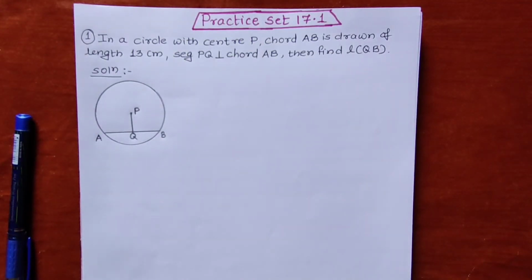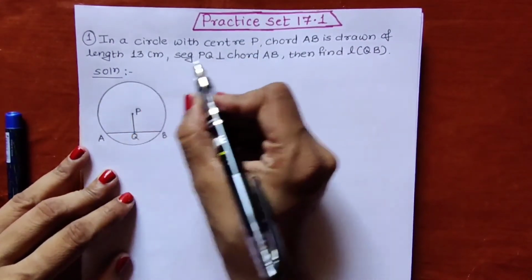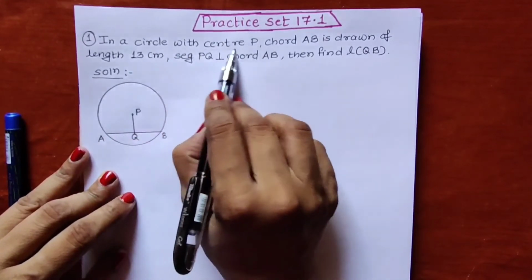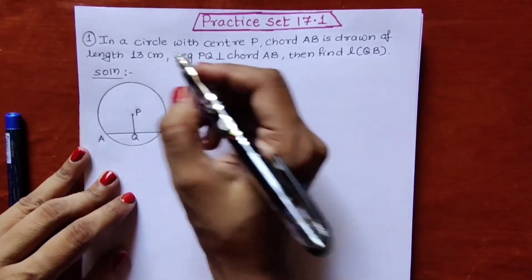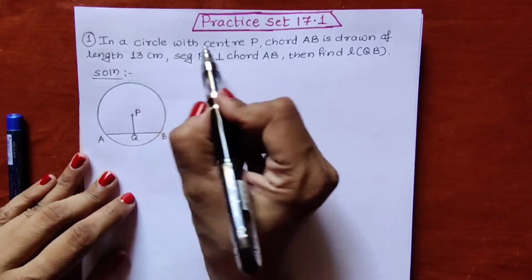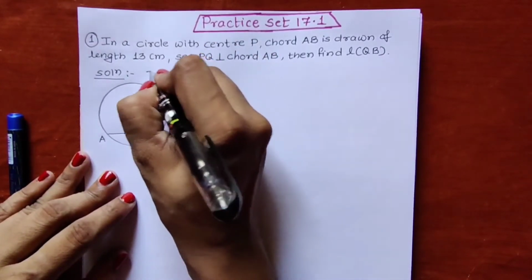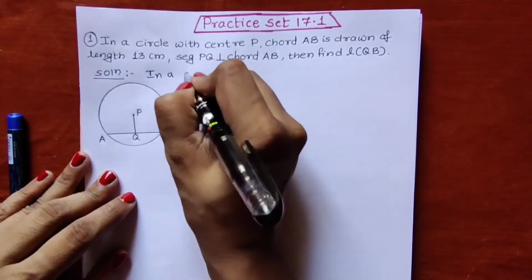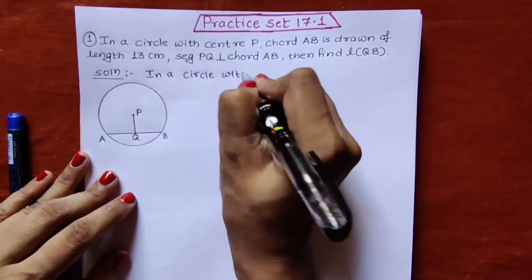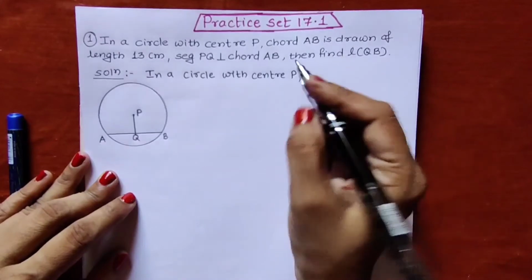We will start the solution by writing whatever is given to us in the question. First we write: in a circle with center P. Always write the name of the circle in this way, by writing the name of the center. Again, what is given to us?